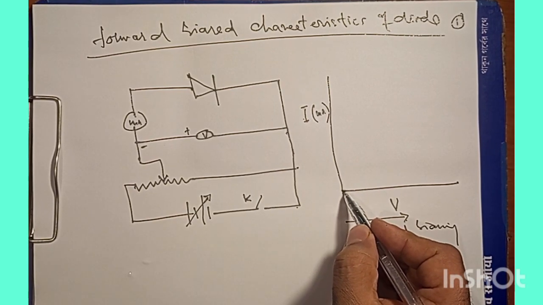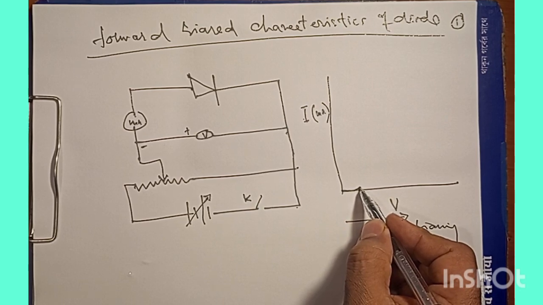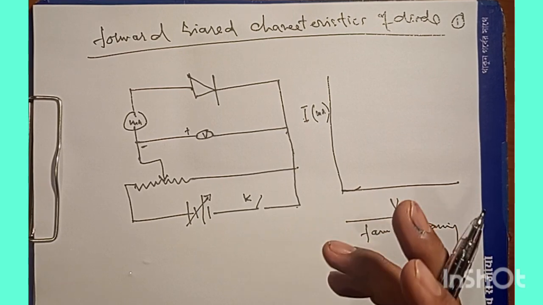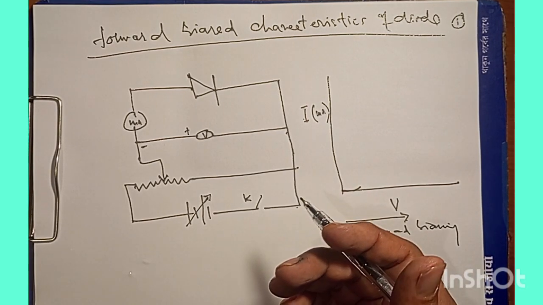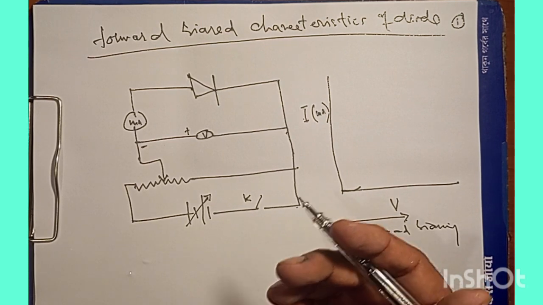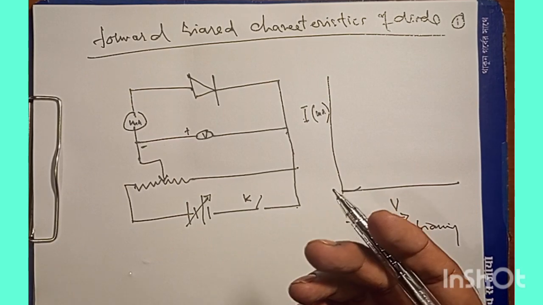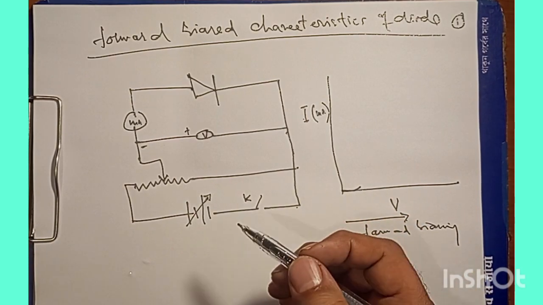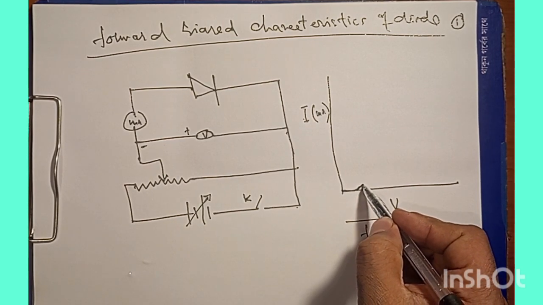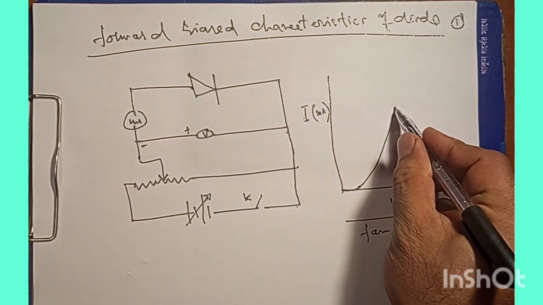Up to some limit there is no current because of the barrier potential. Then there is a small increase in the current. The forward current increases slowly at first, but as soon as the battery voltage increases, the forward current increases rapidly. So it goes up very fast.